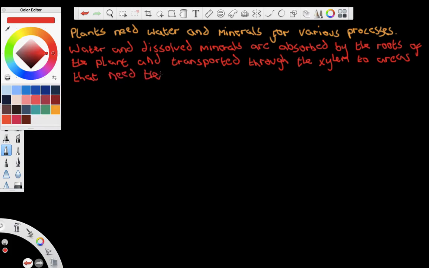So we've got that plants need water and minerals for various processes, and that water and dissolved minerals are absorbed by the roots of the plant and transported through the xylem to areas that need them.